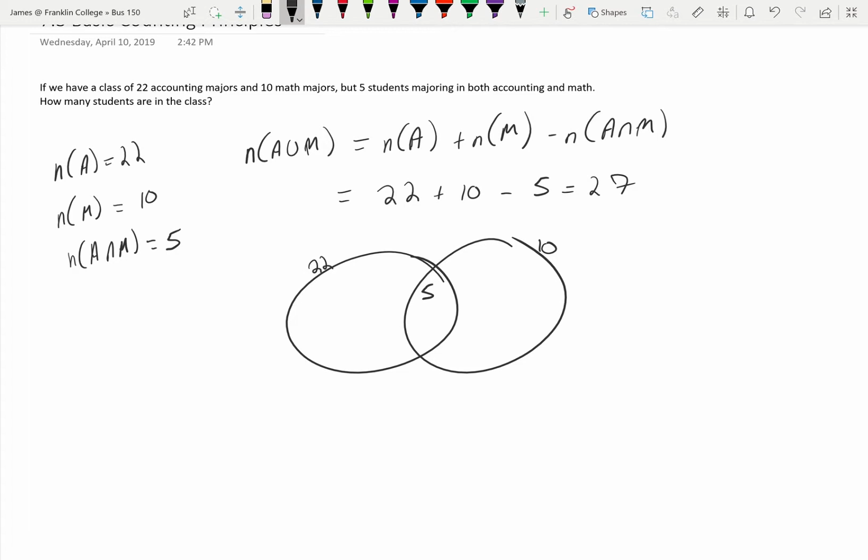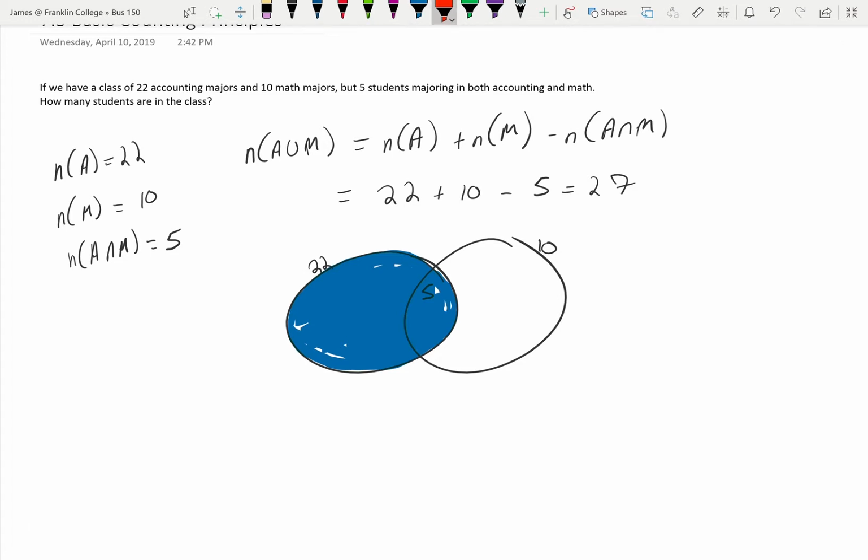So when we are summing up all of the accounting students, we are adding this region here, this big old circle, 22 in this circle here.